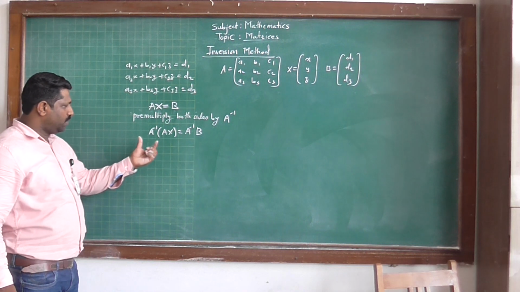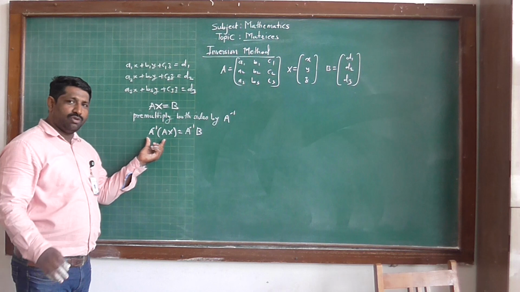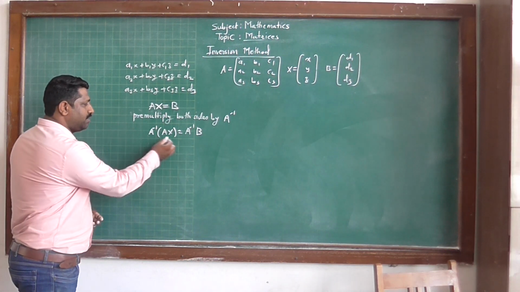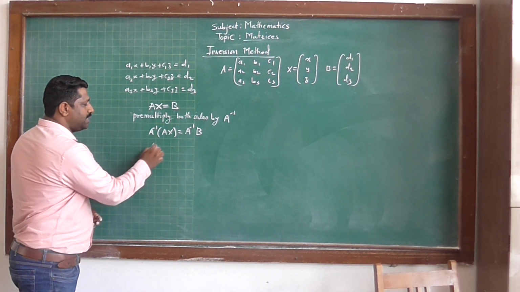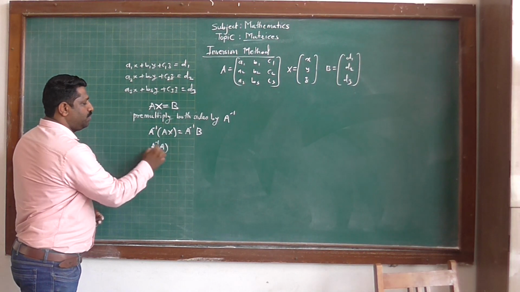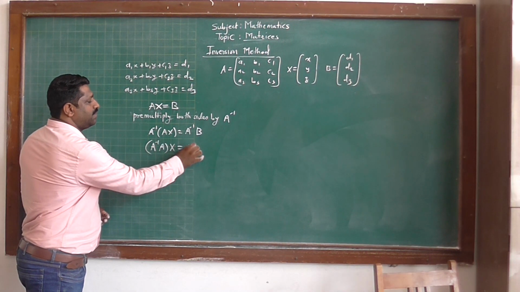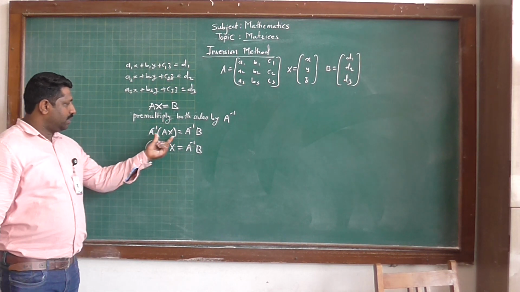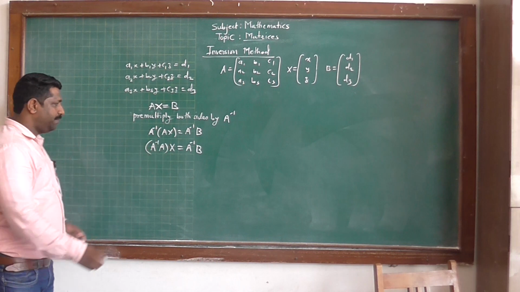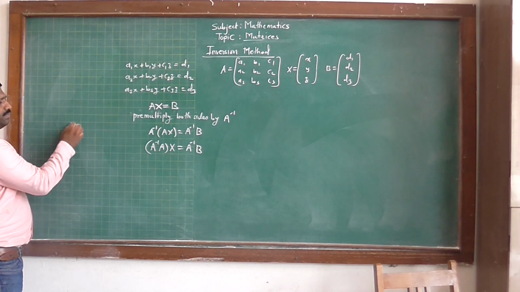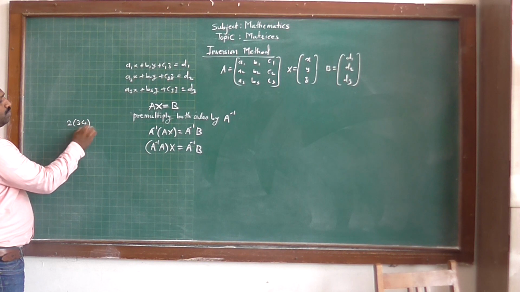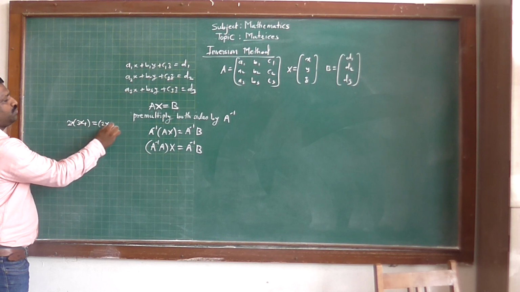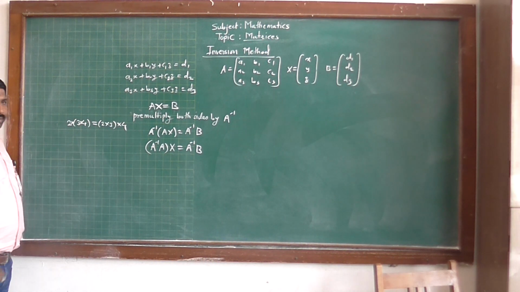Now here we know the associative law of the product of three matrices. This LHS can be written as A inverse into A into X is equal to A inverse into B. As we know the associative law, in the real number system how do we write this? That is 2 into 3 into 4 is the same whether grouped as 2 into 3, then into 4, or 2 into 3 into 4.